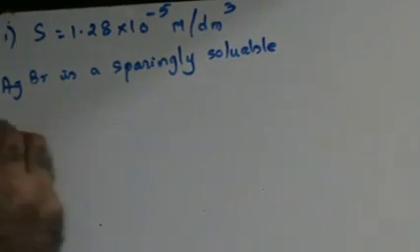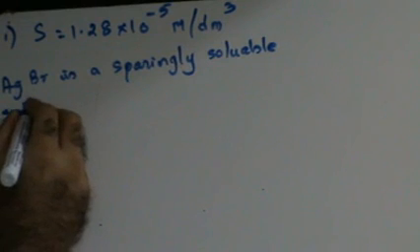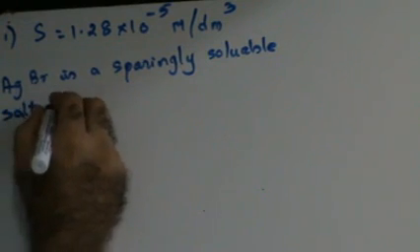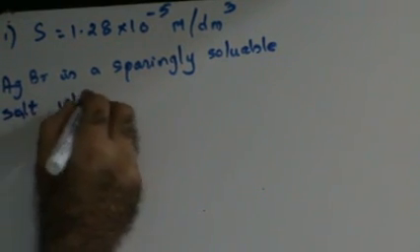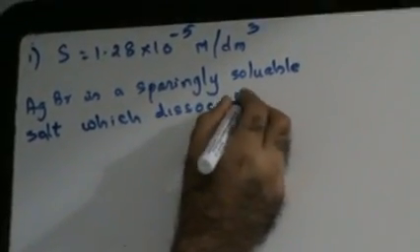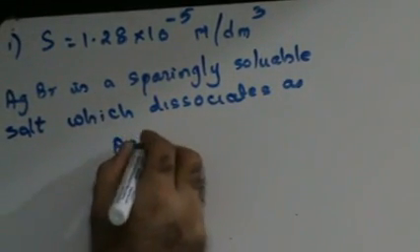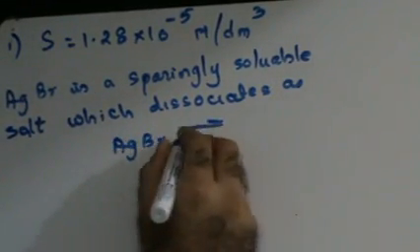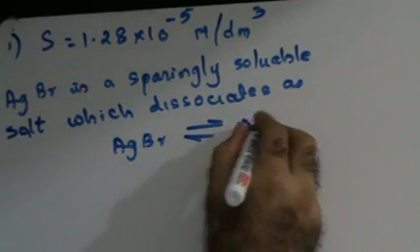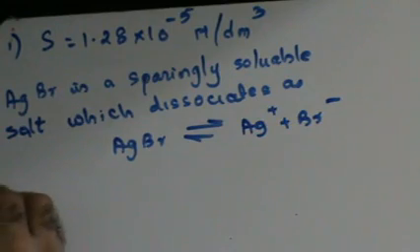Now, silver bromide is a sparingly soluble salt, which dissociates reversibly to give you silver ions plus bromide ions.